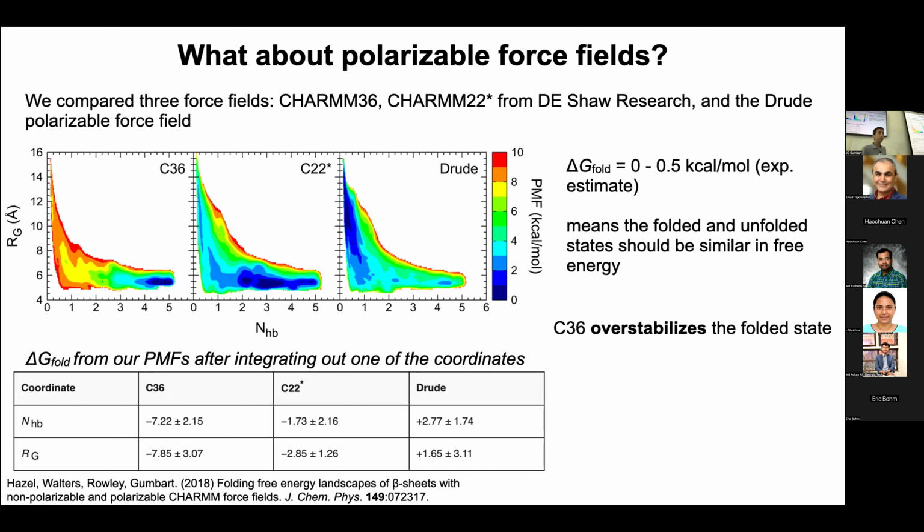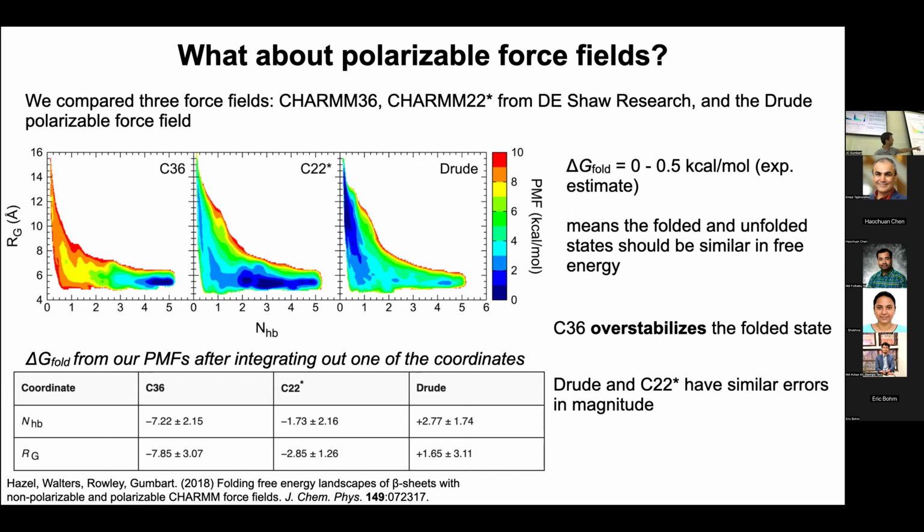That suggests that the folded state is severely overstabilized in CHARMM36. So even these very good force fields that we use day in, day out sometimes have issues. CHARMM22*, interestingly enough, even though it's a fixed charge force field, is only overstabilizing by about 1 to 1.5 kcal, or 2. That's not too bad.